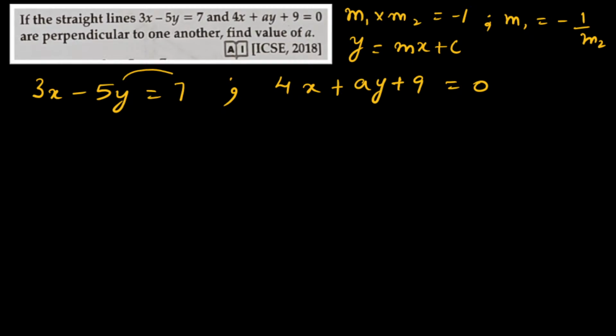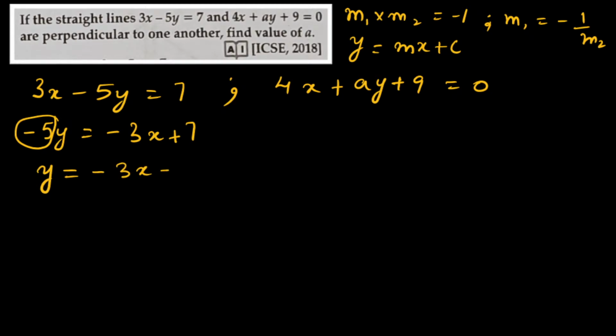For the first equation, I'll shift 3x to the other side. This side I have minus 5y is equal to minus 3x, plus 7 is already there. Now let's shift minus 5 to the other side. Here it's getting multiplied, so when we shift it, it will get divided.